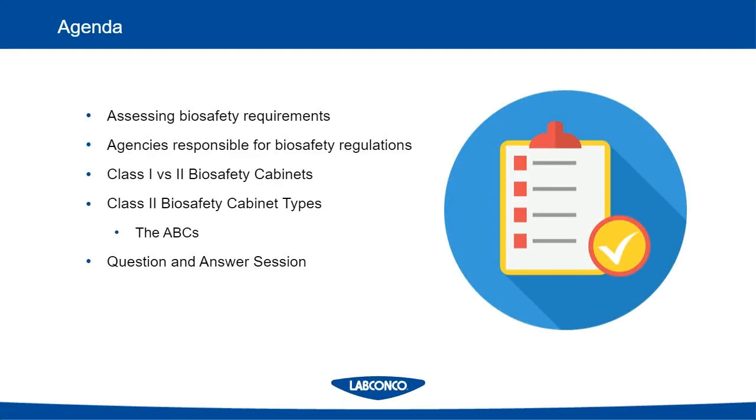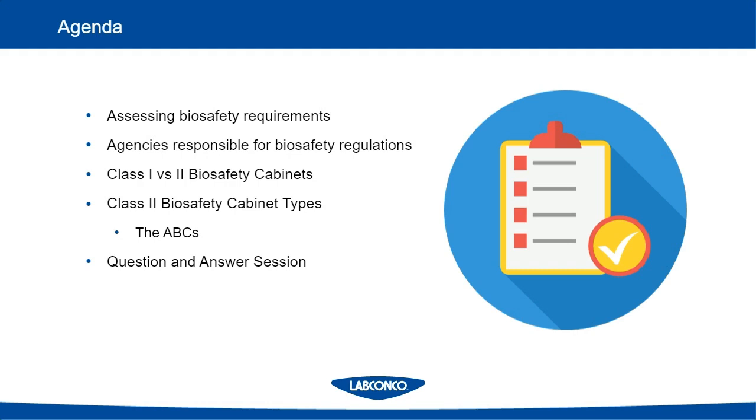On the agenda for today's talk, we're going to talk a little bit first about what biosafety requirements are, what a biohazard is, what some basic things to consider are, and what agencies are responsible for biosafety regulations. This will focus mostly on US and Canadian standards, but there are standards elsewhere we'll discuss. And then we're going to talk a little bit about Class I versus Class II biosafety cabinets, what the difference is and when you would select each.